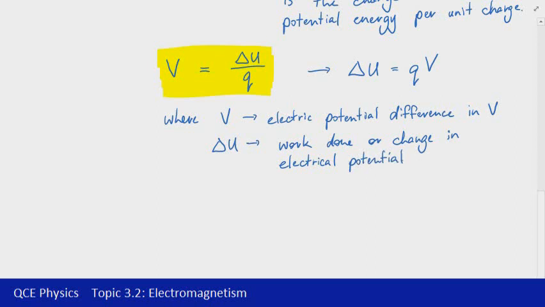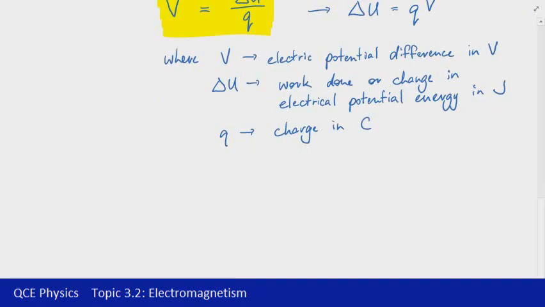And given that it's work and energy, the units that we'll have for either of those two quantities will be joules. And finally, Q is the charge in coulombs. So they're the three quantities that we can use there.